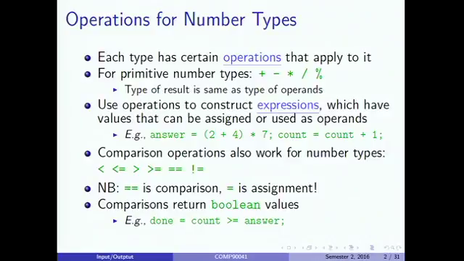There are also the comparison operators, basically what you'd expect. Less than or equal to, greater than or equal to. Double equal is an equality comparison. A single equal is not. A single equal is an assignment, like we just did here. So keep those two straight.